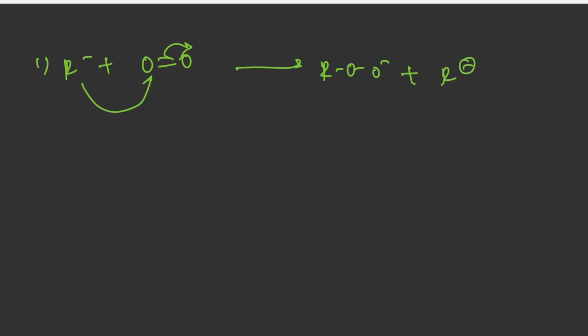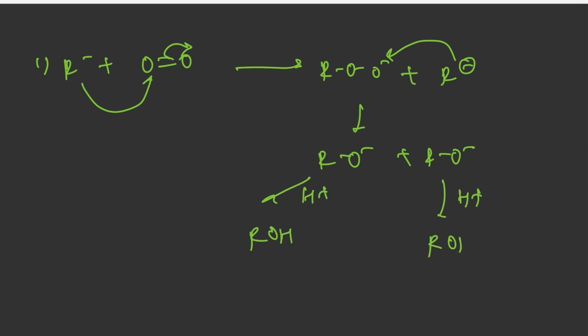First of all, we have R⁻, so it will attack over here. This bond will go here. Now we have the second RO⁻. That R⁻ also attacks on this oxygen, and it forms RO⁻ plus RO⁻. Then both react with H+ and form ROH and ROH. So in that case, alcohol will form.